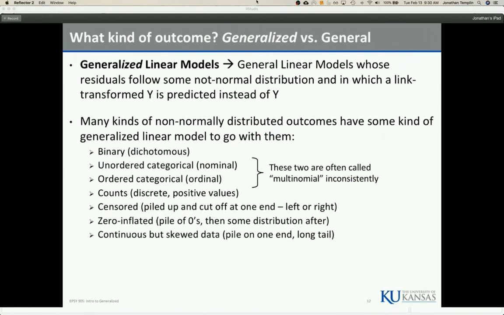So what type of outcome? These generalized linear models, these residuals don't allow for some non-normal distribution. There are a bunch of these distributions that are out there. We may have binary data. That's the focus of today's example. We have unordered categories, right? Or maybe ordered categories.